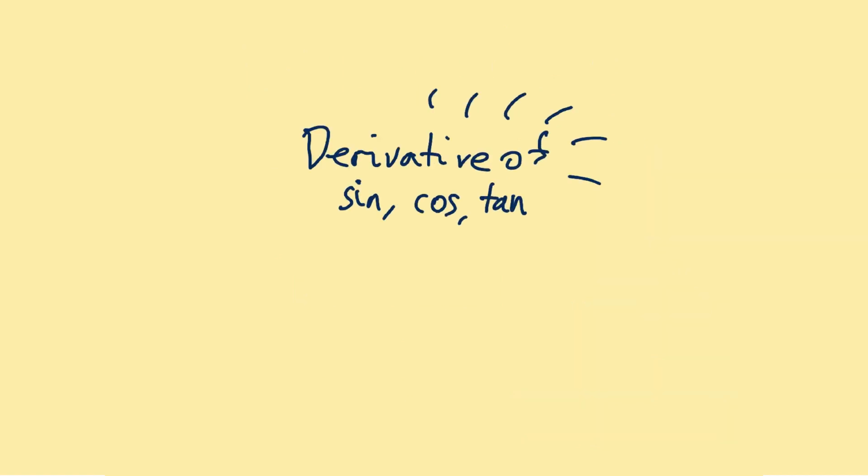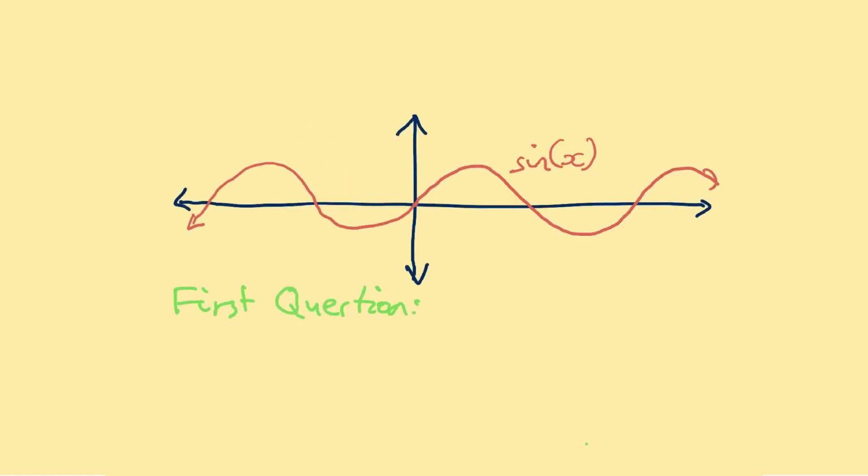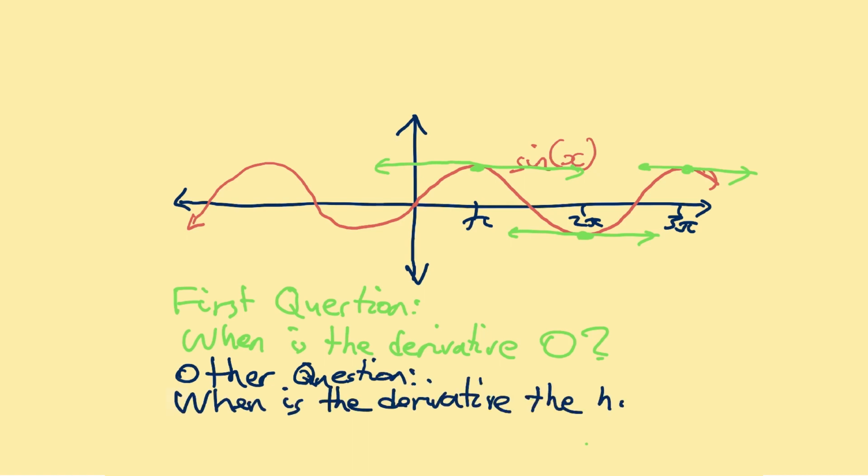So we want to figure out the derivative of sine. Warning, this one will be a little less thorough because I haven't really found a good visualization trick for it, but it at least gives some intuition. Okay, first question. When is the derivative 0? Well, the answer is when the function is completely flat. That's every pi points. Here's the second question. Where is the derivative the highest?